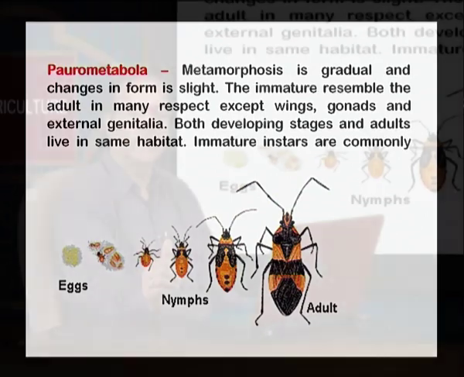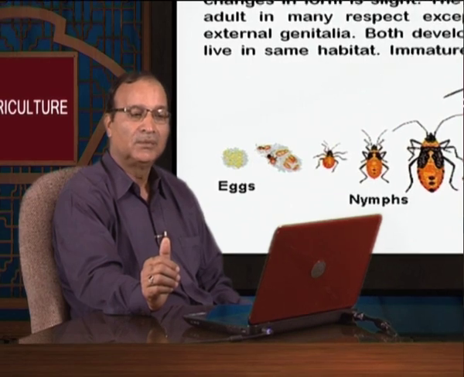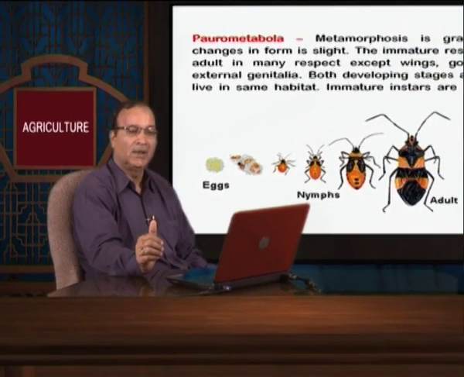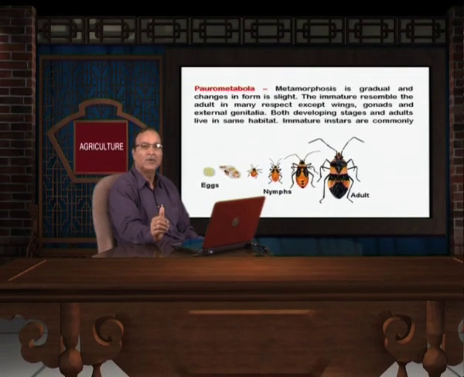The characteristic feature of such type of metamorphosis is that both the adult and the developing stages prefer to live in the same habitat, in the same environment. Immature instars are very common. This type of metamorphosis, if we come across it, we can call porometabolous or gradual type of metamorphosis.